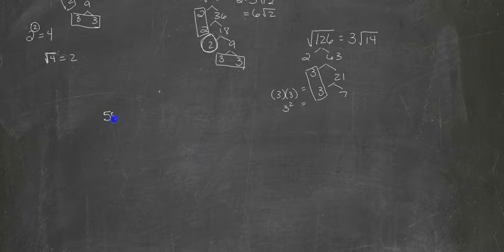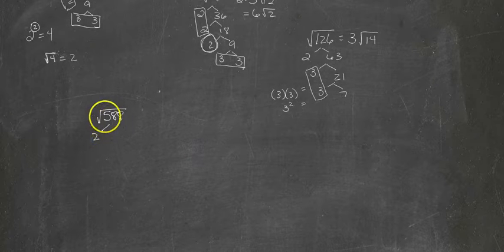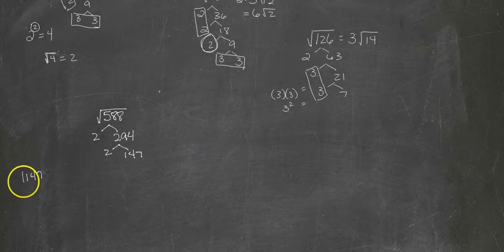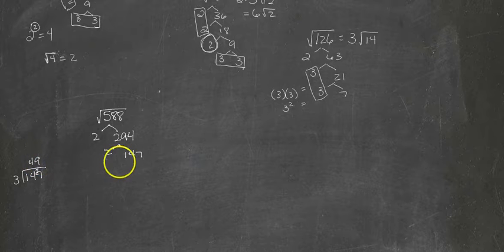Let's do 588, and we want to reduce the radical. So again, 588 divides by 2, leaving 294. That divides by 2, leaving 147. I think 147 divides by 3. 3 times 4 is 12, leaving 27, and 3 times 9 is 27, so 49.